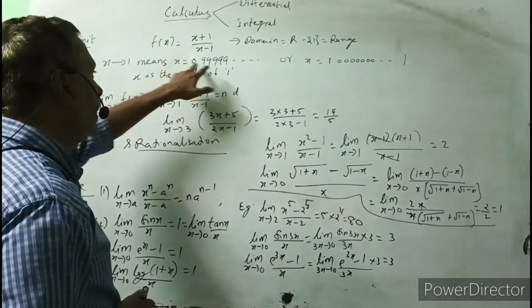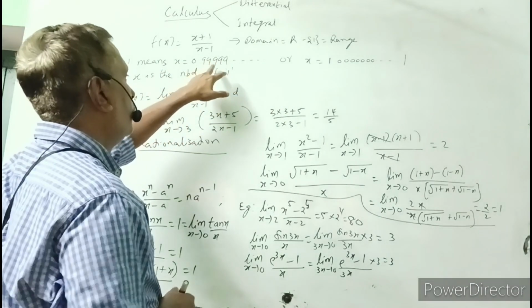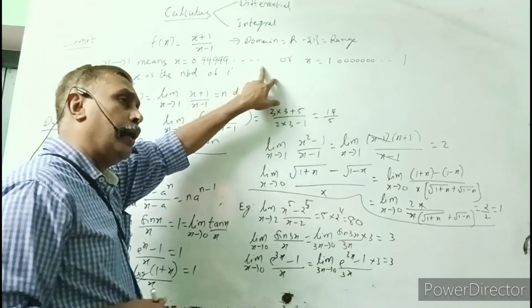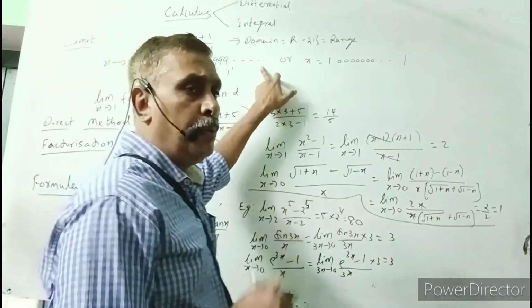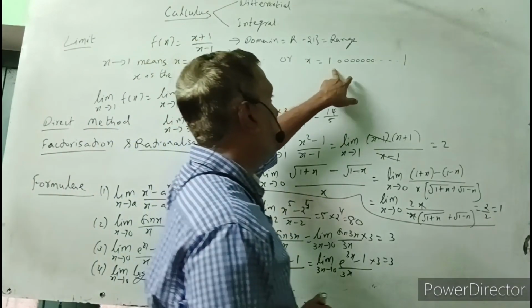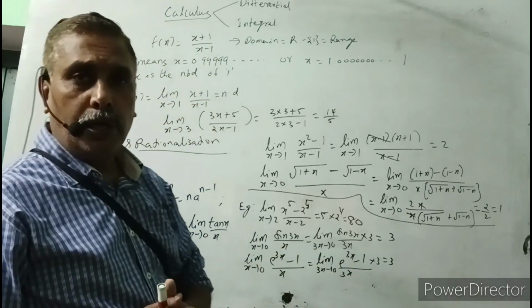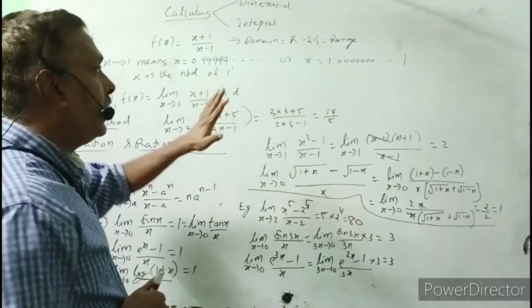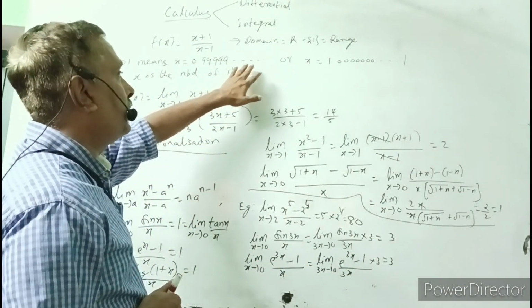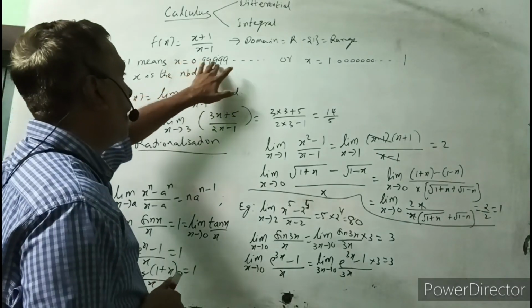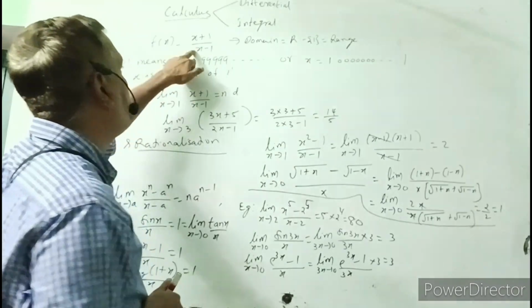So here x can take infinite values, 0.999, I may keep any number of 9s, never will it be equal to 1. Similarly, I may put 1 point any number of zeros and after that a 1, that is also not equal to 1.